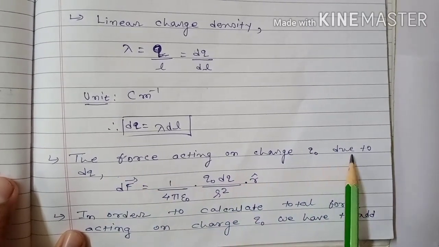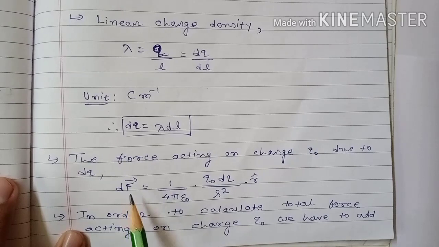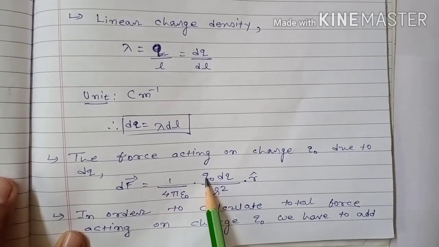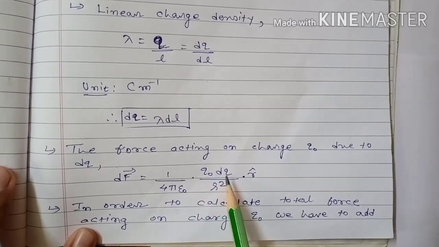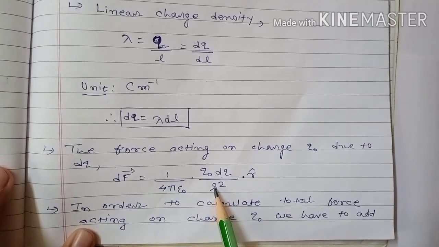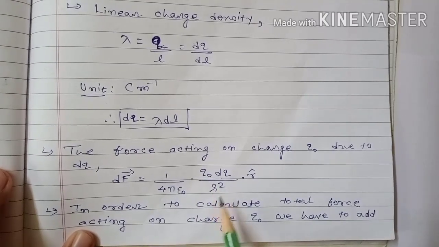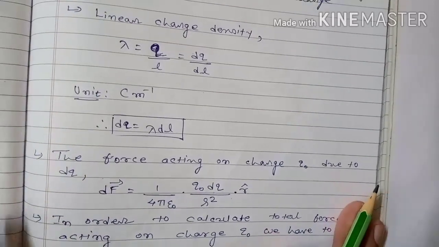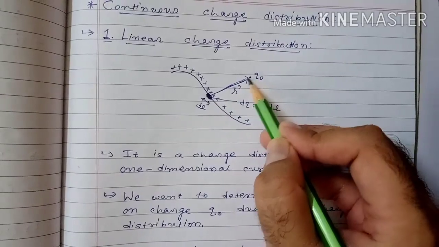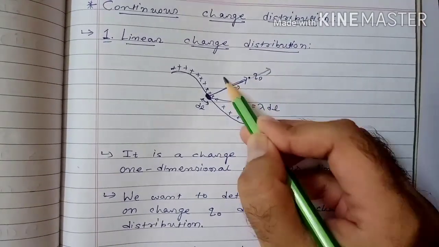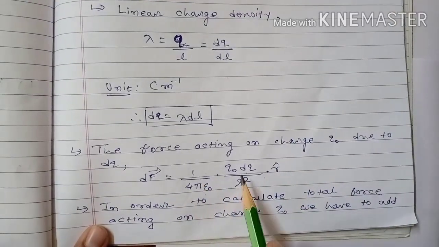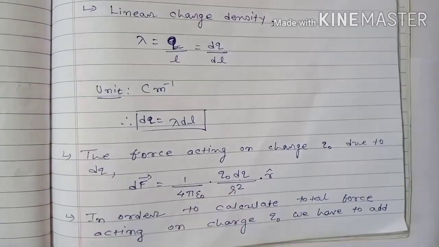So the force acting on charge Q0 due to dq is dF vector equal to 1 upon 4 pi epsilon naught, q0 that is the test charge, into dq that is the charge contained in the small element, upon the square of the distance between them, r square, into r cap, since the direction of force due to a positive charge will be along r cap.